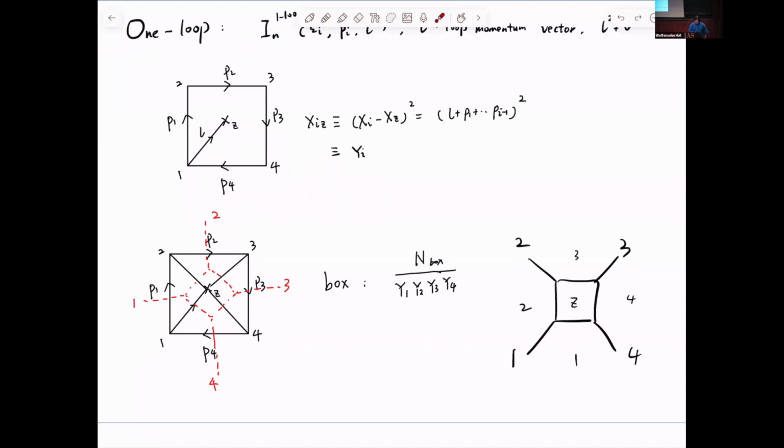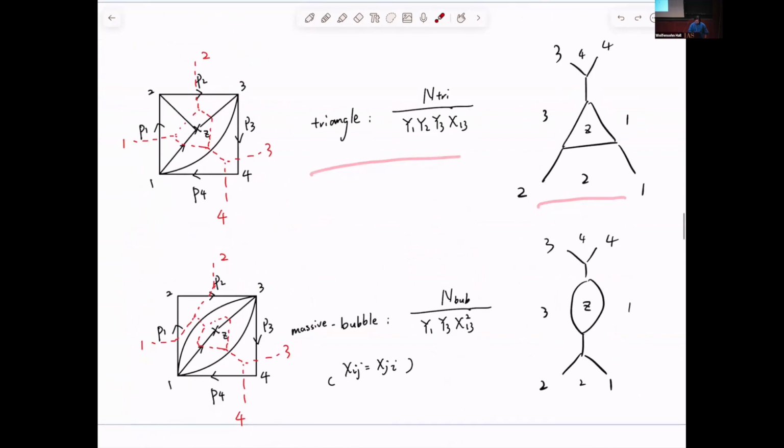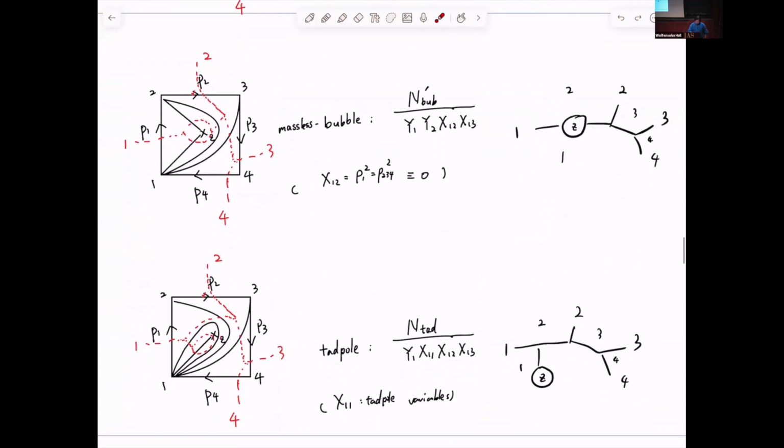For example, here you can triangulate this box, and we get the box diagram, and you have triangle diagrams, and we also have what we call massive bubbles. And notice here, all x_ij equals x_ji. We have 2 more diagrams called massive bubbles, but here we need to introduce x_ij equal to 0.